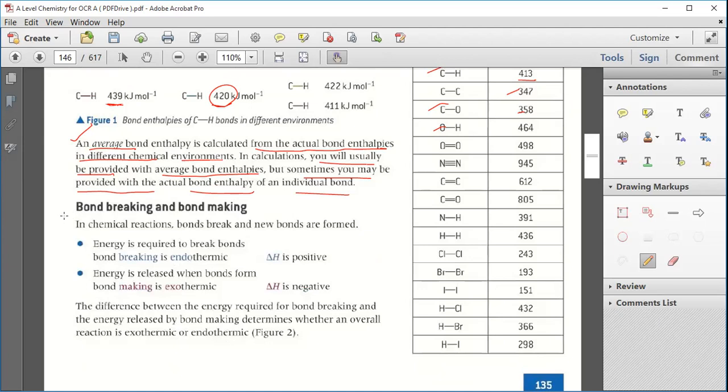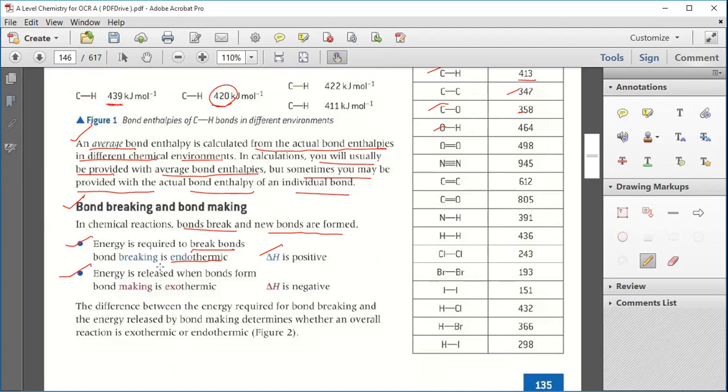Now bond breaking and bond making. In a chemical reaction, bonds break and new bonds are formed. We all know that. Now energy is required to break bonds. Bond breaking is endothermic. Endothermic means energy is required. It means delta H is positive.